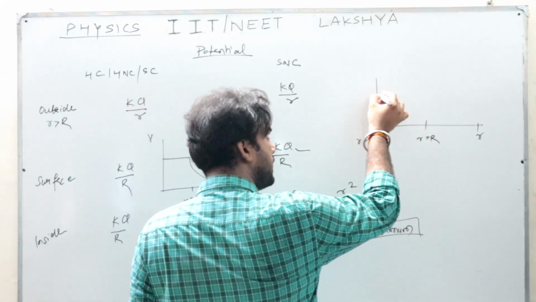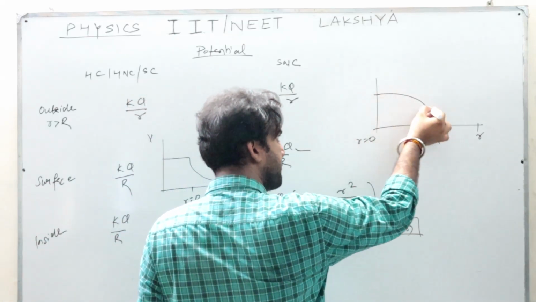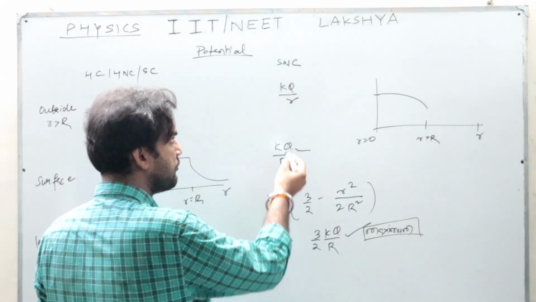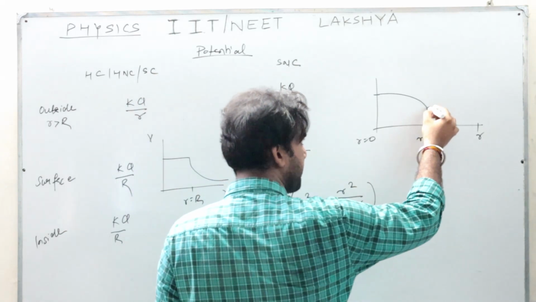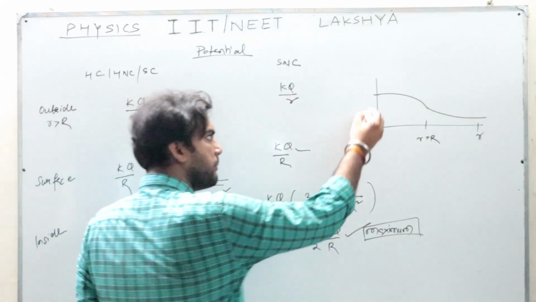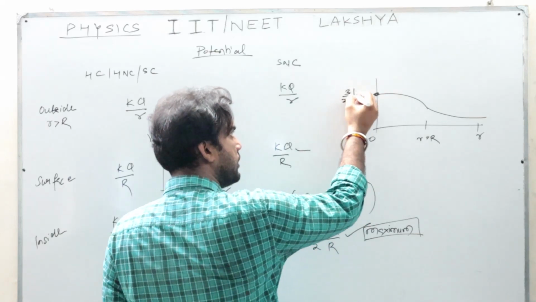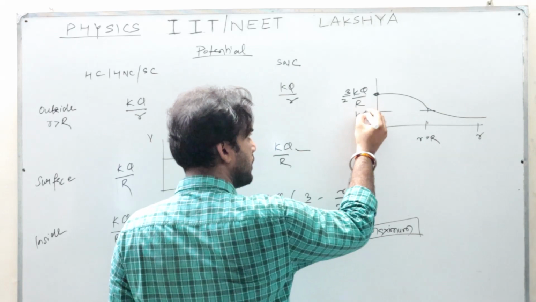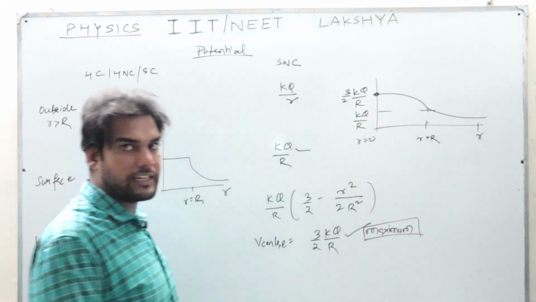So the potential decreases like this, like a downward parabola, and then after that it is inversely proportional to r, like this. So this is the graph. Here you have the maximum potential 3 by 2 KQ by R, and at r equals R it is KQ by R. I hope all the graphs are clear to you.